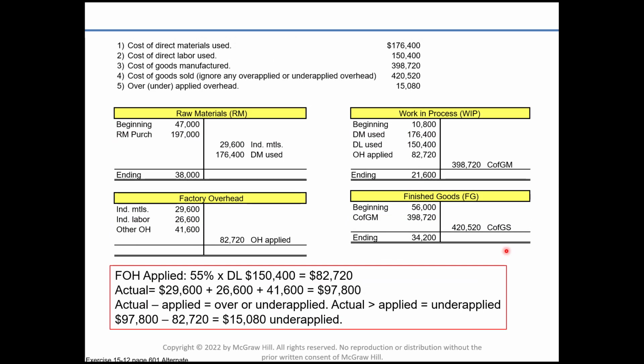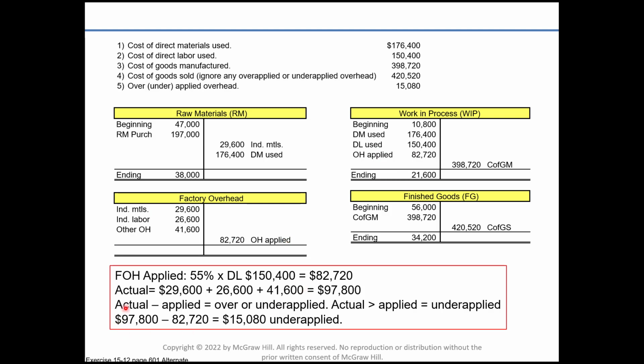So the last piece we want to look at is the overhead. So these represent the actual cost. So the actual costs come to $97,800. Remember that we applied based at 55%, and that went into work in process. So now we have to see what the balance is.